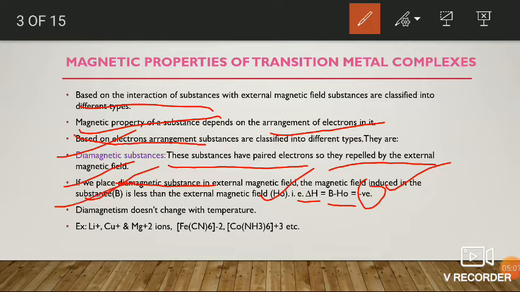Diamagnetism does not change with change in temperature.